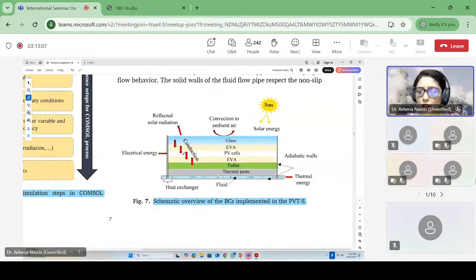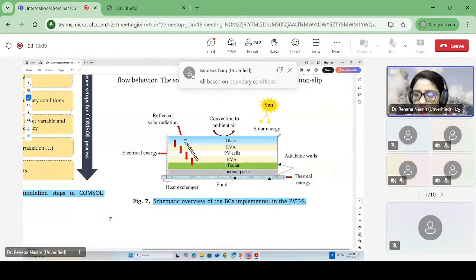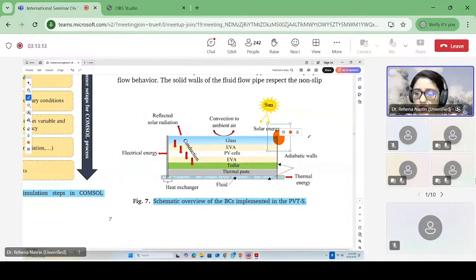This is the part of the photovoltaic module, and that is glass. Here you see glass.